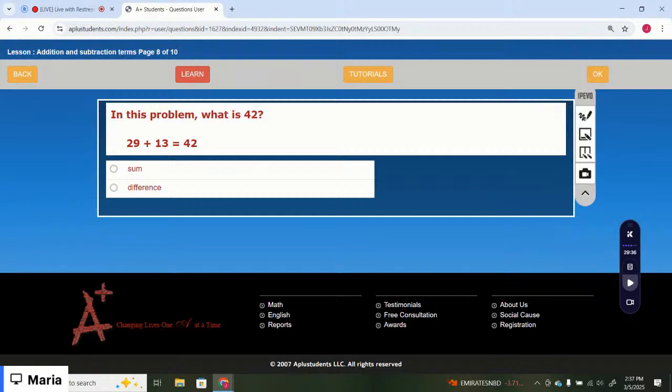In this problem, what is 42? Forty-two is the sum of 29 and 13.